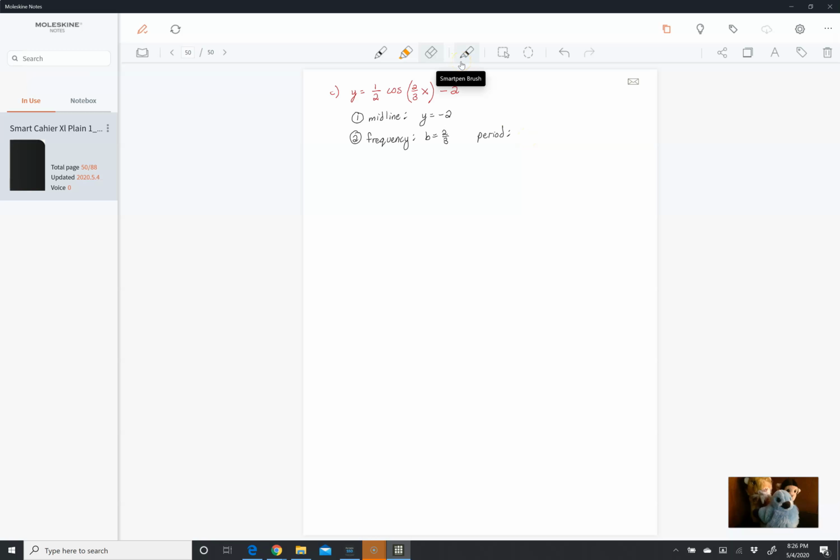But if you're not sure how to do it, 2 pi over b, 2 pi over 2/3, we multiply by the reciprocal.